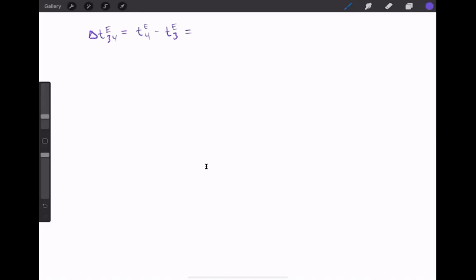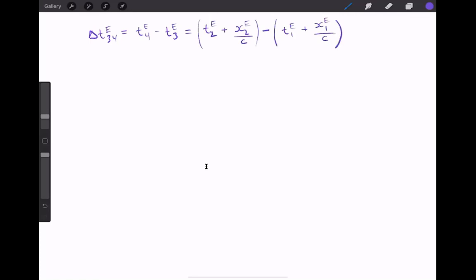And this is the time that event 2 happened in the Earth reference frame plus the position that event 2 happened divided by the speed of light, minus, because they're two different events, when event 1 happened in the Earth reference frame plus the position of the spaceship in event 1 in the Earth reference frame divided by the speed of light.